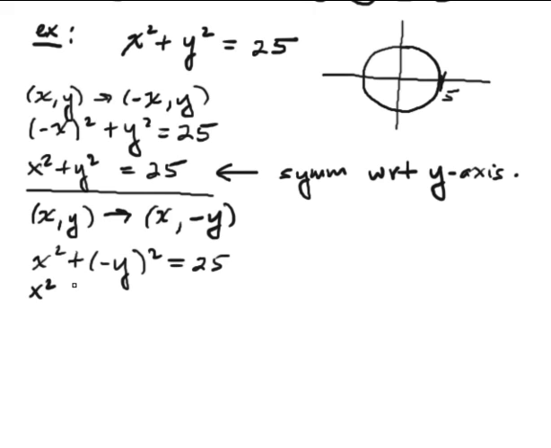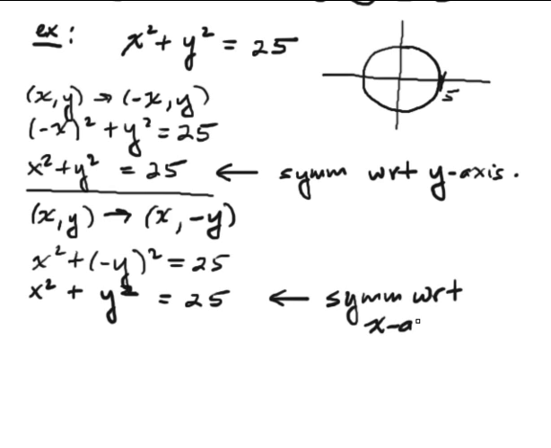And you see if we just square that out, we have x squared plus y squared is equal to 25 again. So we have this time symmetry with respect to the x-axis. And I think you could see that symmetry with respect to origin is going to occur as well.